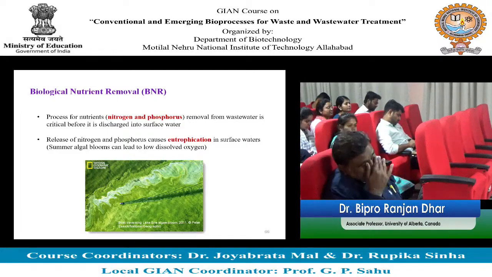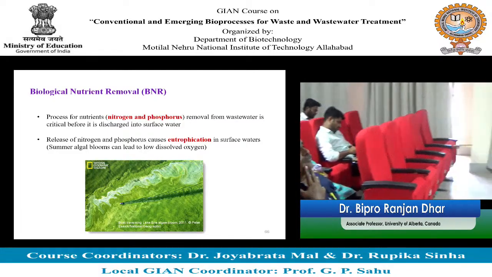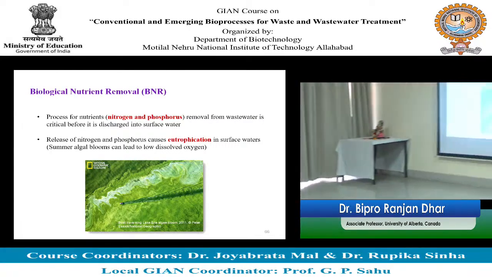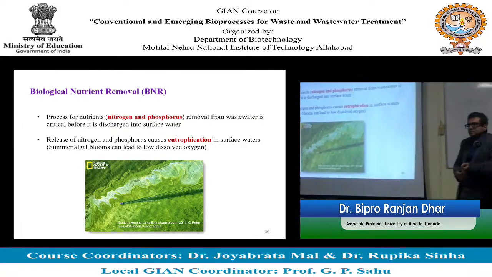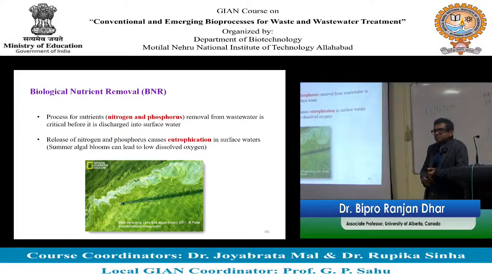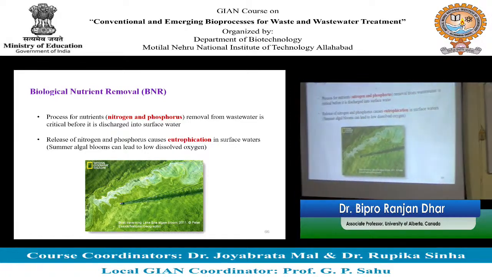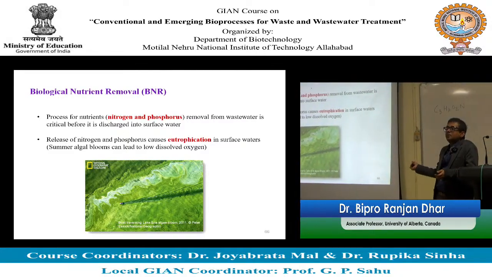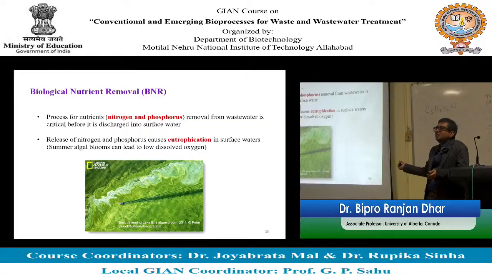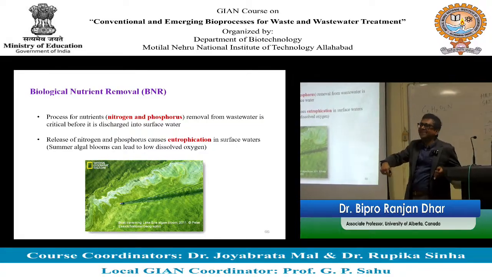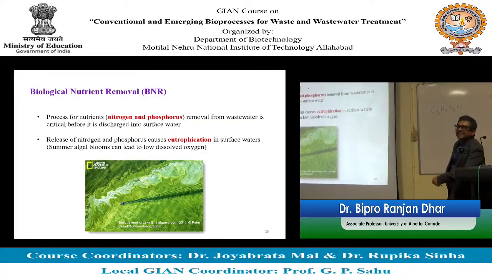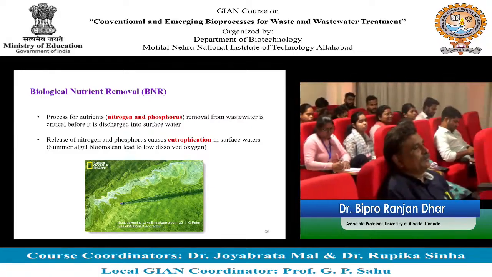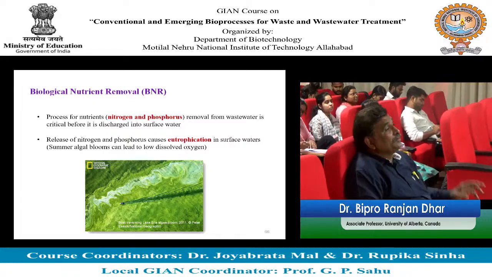For example, in industrial wastewater, sometimes BOD could be very low, so you have to go with some other treatment process. Normally, there is a practice of adding a nitrogen source, urea, in industry. Even in some biological nutrient removal processes, you have to actually add a carbon source, right?